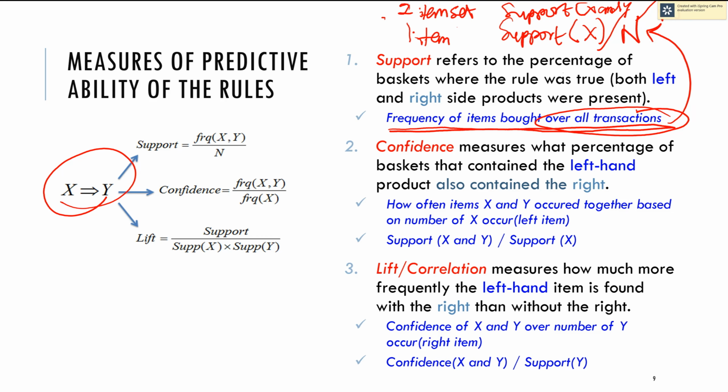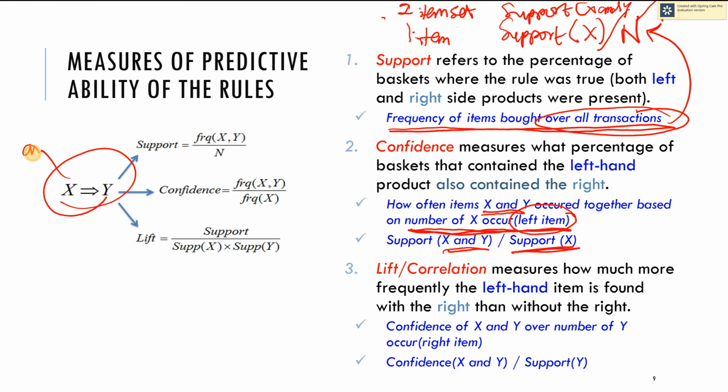What about the confidence? Confidence is a measure of what percentage of baskets that contain the left hand product also contain the right. In simpler words, it means how often items X and Y occurred together, based on the number of X occurrences. Or we can say this as the support of the combination of items over the support of the antecedent.